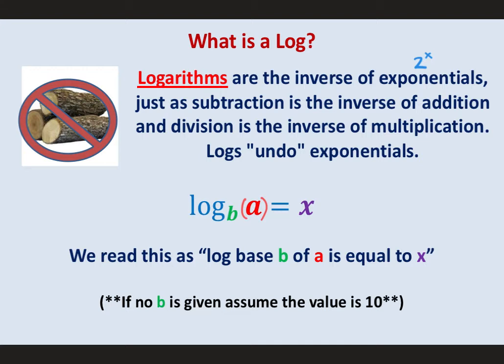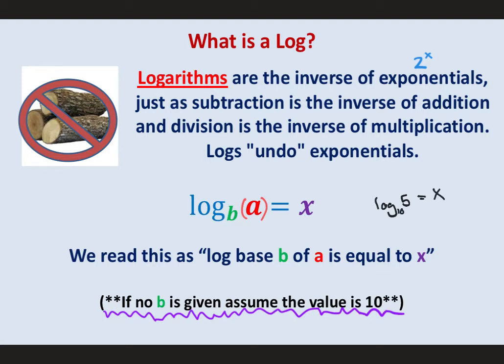Now, one important note here, and this is something you might want to make sure you highlight in your notes. If no base is given, then we assume base 10. So base 10 is our default base. If there is no b here, if it just says something like, let's make something up, the log of 5 is equal to x, then what we're saying here is log base 10.